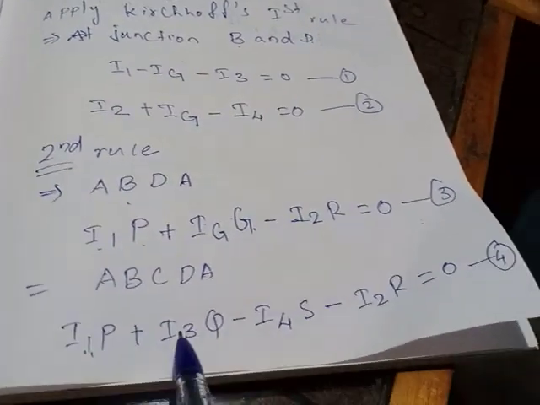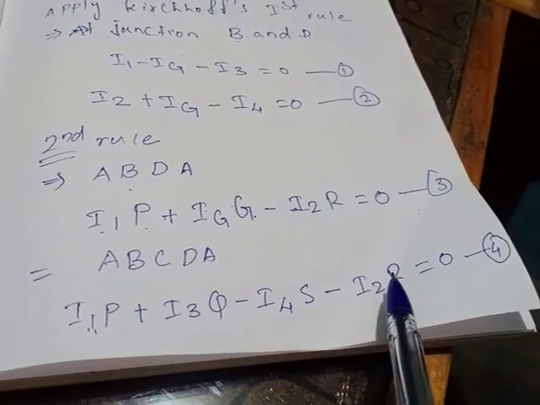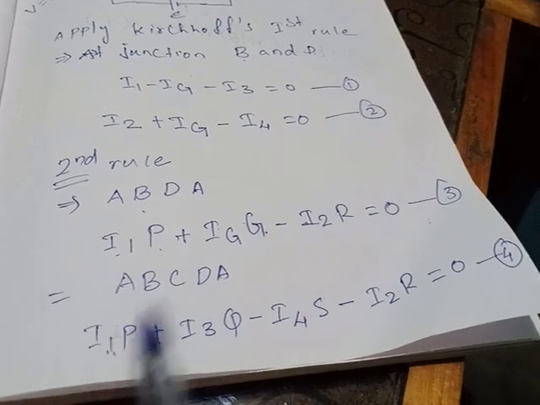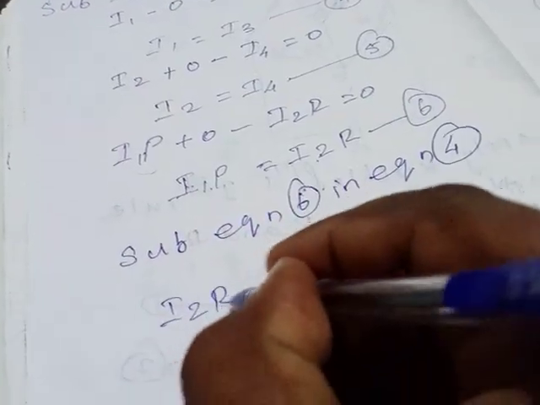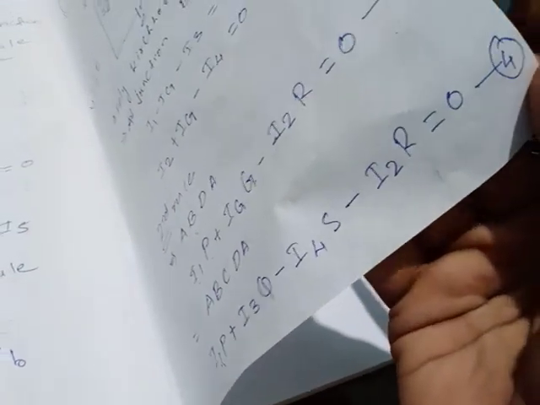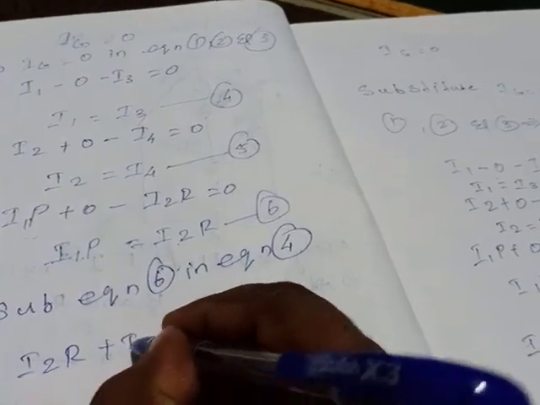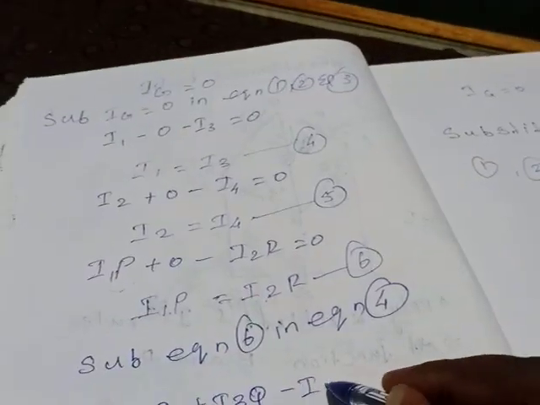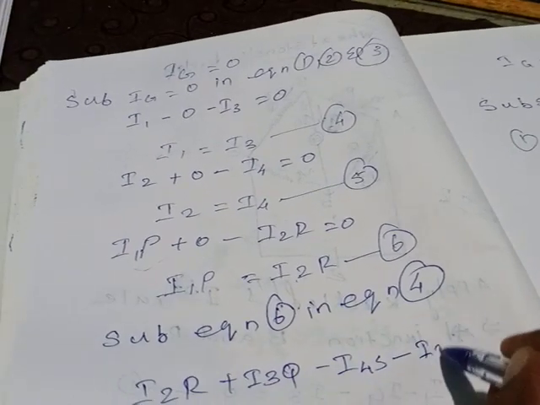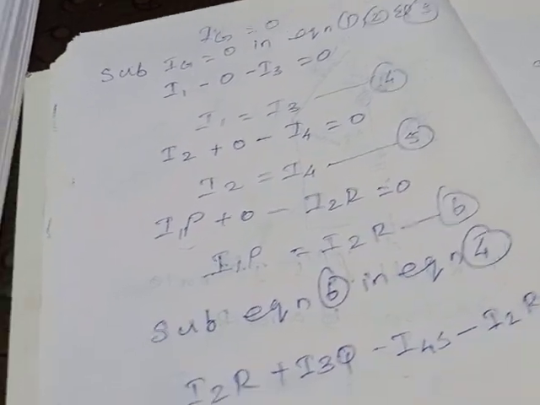This is equation 4: I1P plus I3Q minus I4S minus I2R. So instead of I1P, you have to put I2R. So I2R plus I3Q minus I4S minus I2R equal to 0.